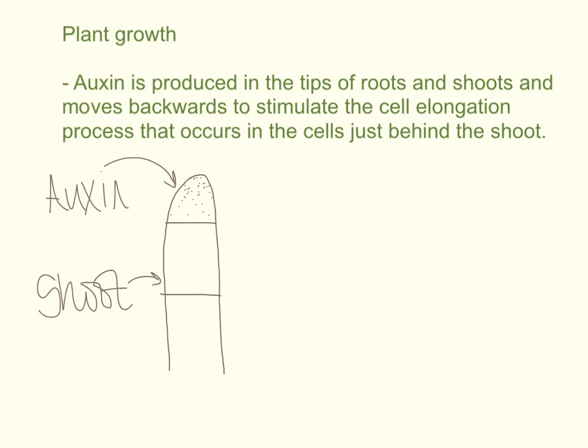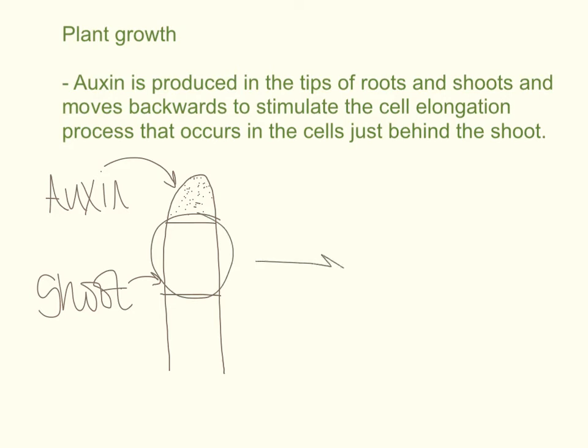As you can see, the picture on the left shows a plant shoot. The dotted area around the top indicates the auxin and where the auxin is located. Remember, this is in the tip of our shoot. This auxin will accumulate in the tip and will cause cell elongation on the cells just behind the tip.